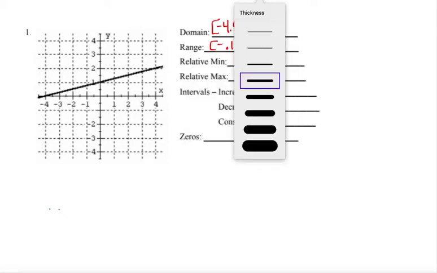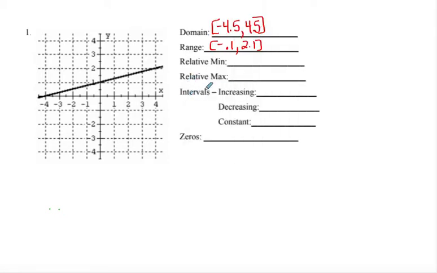Okay, so now this may vary for everybody's. It shouldn't vary on this one since I'm doing it with you, but the relative minimum is going to be a low point in the graph. So the minimum value would occur right here. And since we know that the end value of the x is -4.5, this would be an ordered pair, -4.5, comma, and then we said that this value was the lowest.